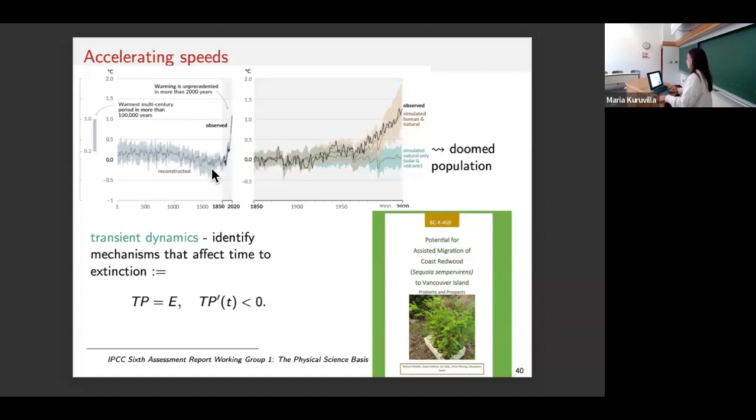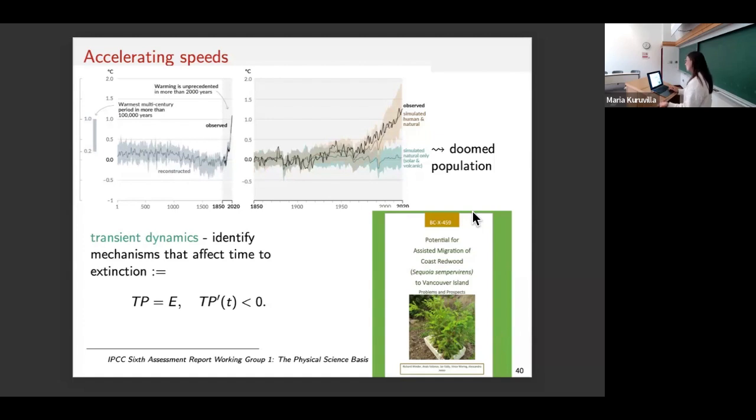So, we're seeing this accelerating speed of climate change, and our results with that foundational model, right, where we have the constant traveling speed, we know that eventually, if this acceleration were to continue for all time, the population will be doomed, because eventually it will be faster than that average speed, or that critical speed.